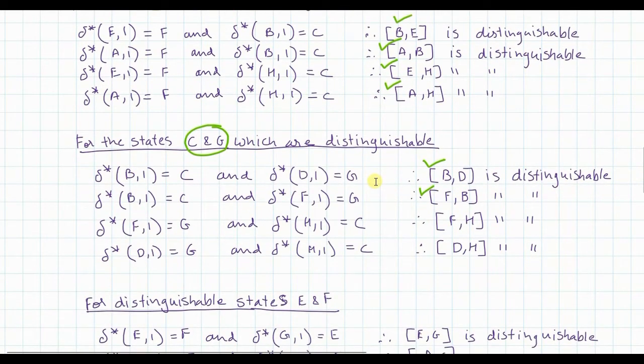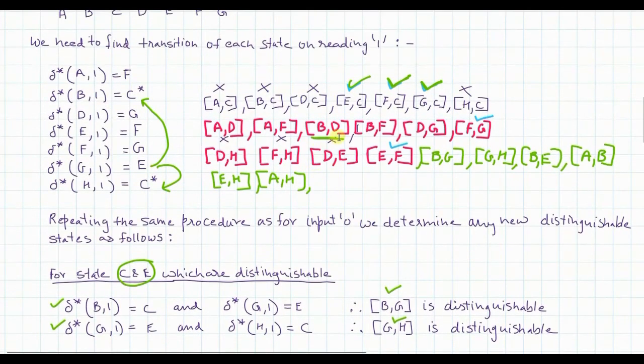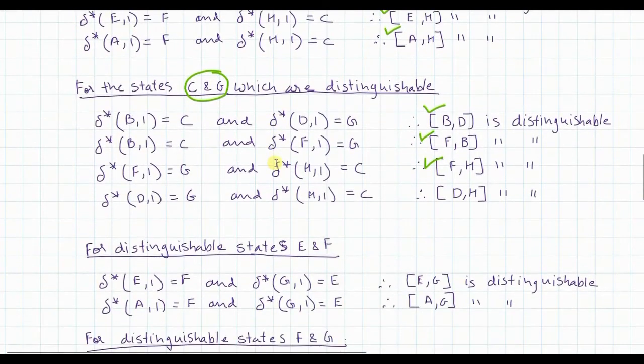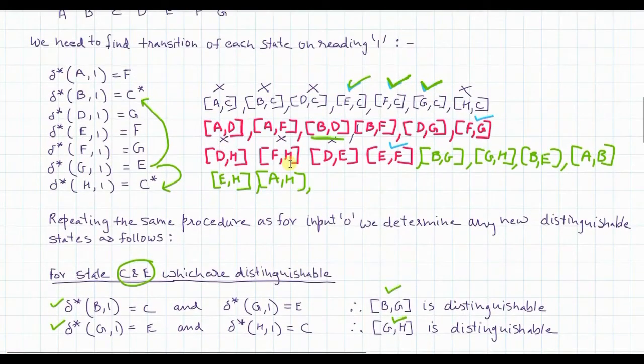Next, we also see that F and H is also distinguishable. Okay, so F and H or H and F, see whether it is already present. Now it is already there, which means that in the table also this will be marked and you don't have to add it as a new combination. F comma H is already there. Next it is D comma H. Now H comma D or D comma H, let's see whether it's already present.